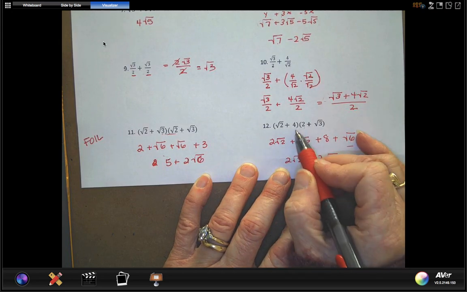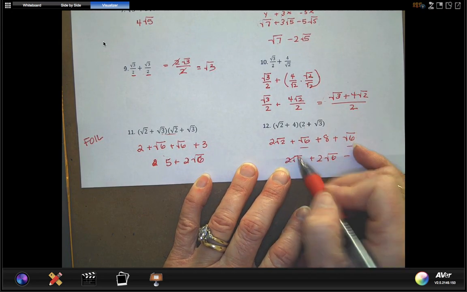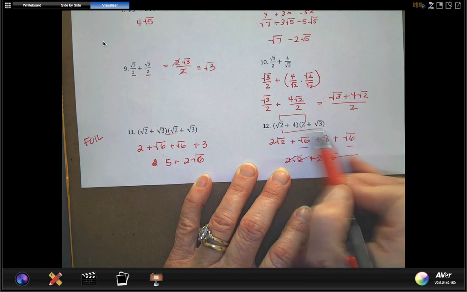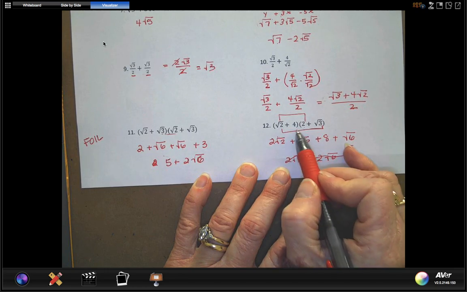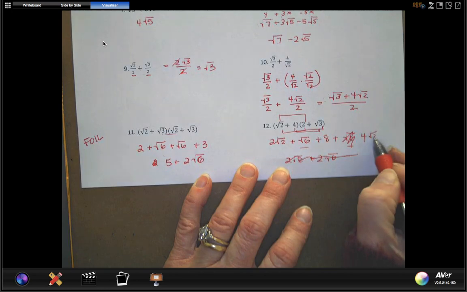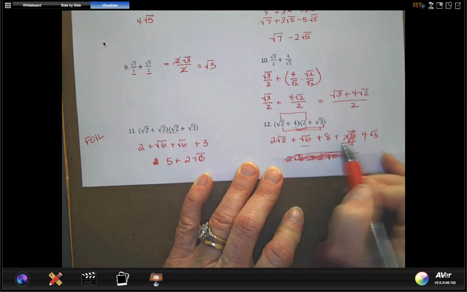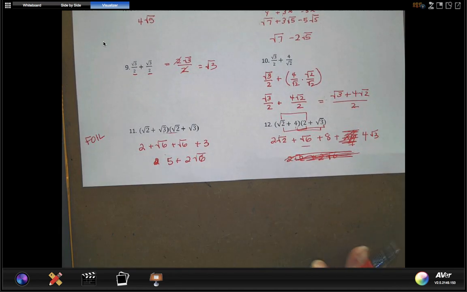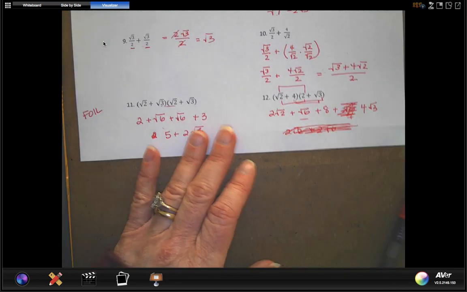Yeah, what did I do there? Here's the first. There's the outer. I think I did the outer again. There's the inner. The last is 4 square roots of 3. So there's actually nothing to combine there. There's nothing in common, so you just leave that answer like that. I'll write it better for you.